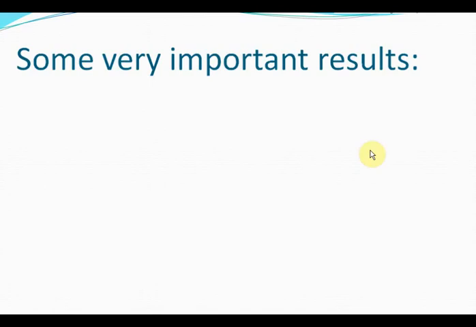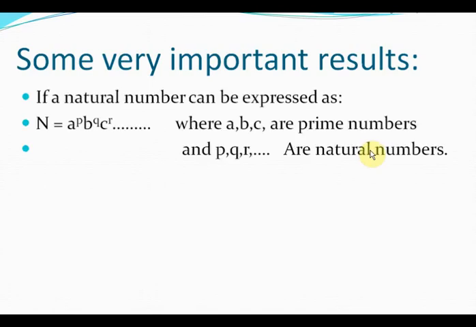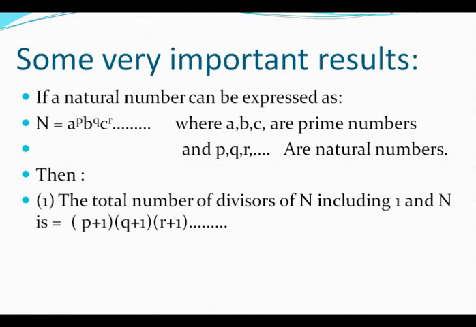Now based on the concept of total selection of n identical objects, we derive some very important results. If a natural number n can be expressed as n equal to a to the power p into b to the power q into c to the power r and so on, where a, b, c are prime numbers and p, q, r are natural numbers, then the total number of divisors of n, or the total number of factors of n including 1 and the number n, is equal to p plus 1 into q plus 1 into r plus 1 and so on.